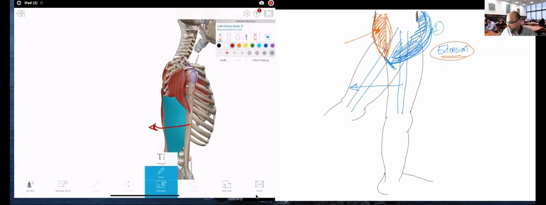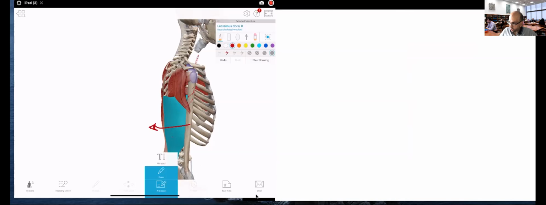Let's say still in the thigh. This time we are studying a straight muscle in the thigh called the rectus femoris.